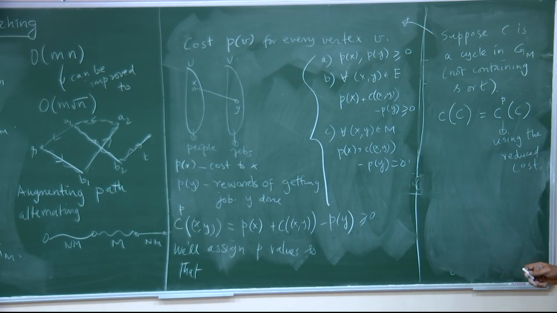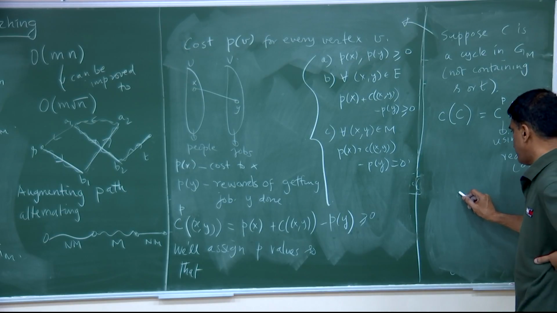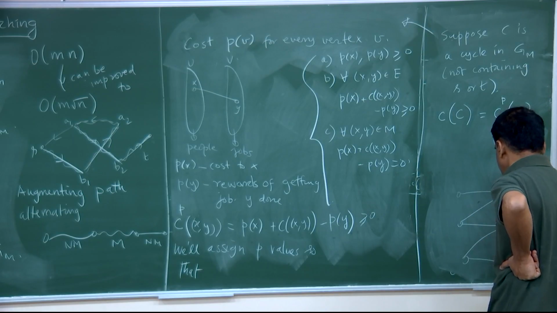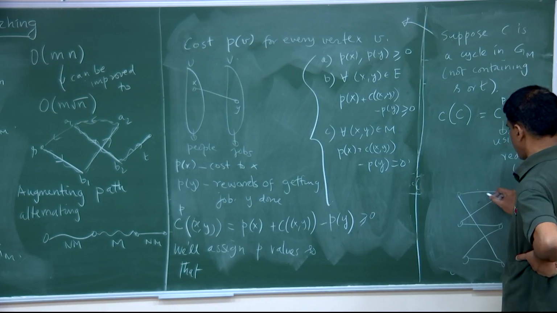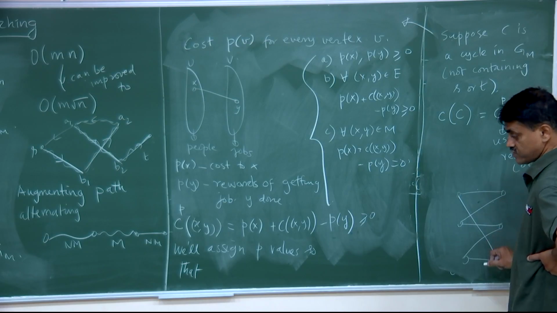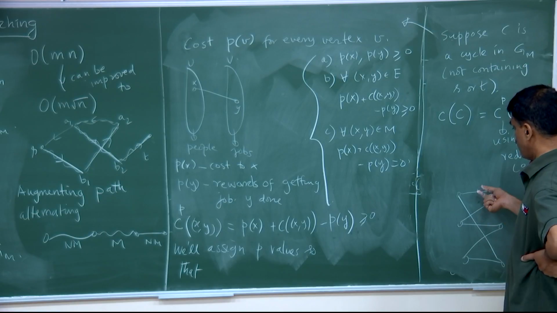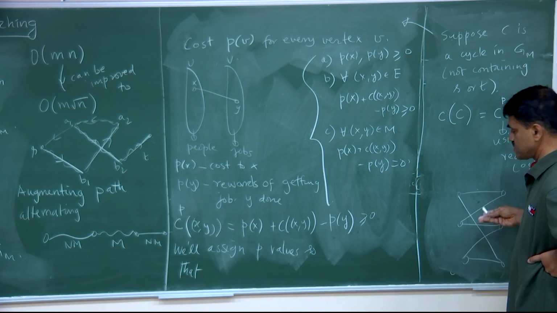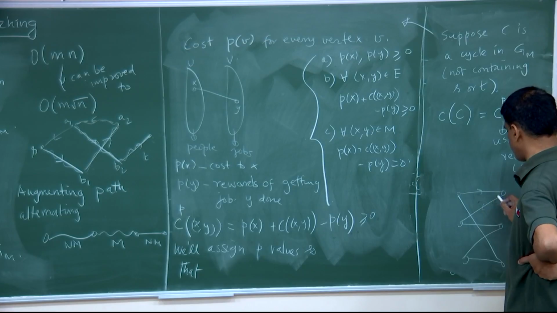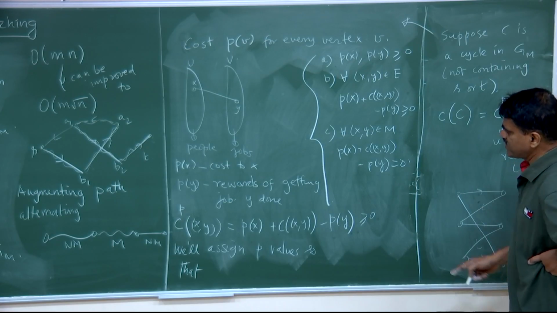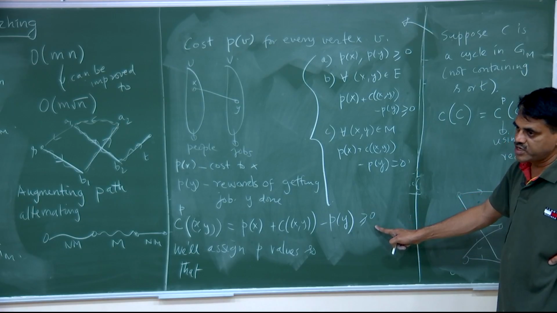You agree? So I have a cycle in the graph, and I add the cost of the edges here. I have two choices. One, I look at the original cost on these edges, which of course may have negatives and so on. Or I look at the reduced cost. What is this reduced cost?